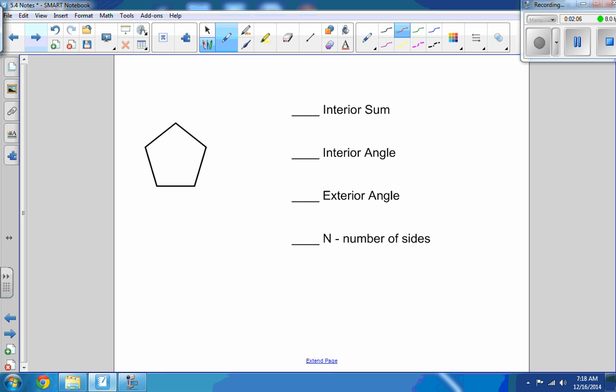Now, how can we figure out those interior angles? Well, let's take a pentagon for example. A pentagon has 5 sides. To figure out the exterior angle, we just take 360 and divide by the number of sides. So we divide by 5, and we get 72. We know these add up to 180, so the interior angle is 108.